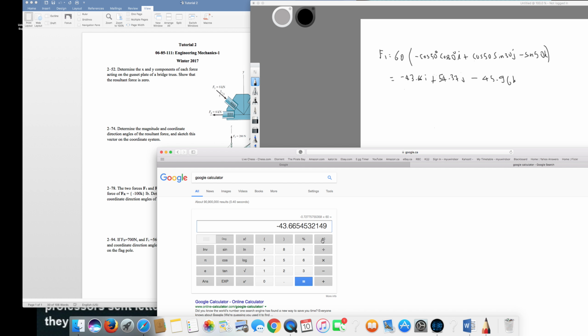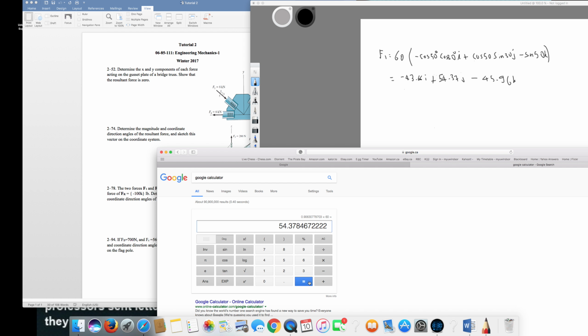And the second, let's move to the second one. Cos 50 times sine 30 is equal to 0.9, and I multiply by 60.